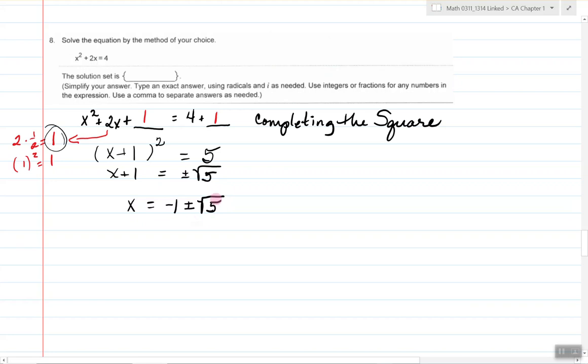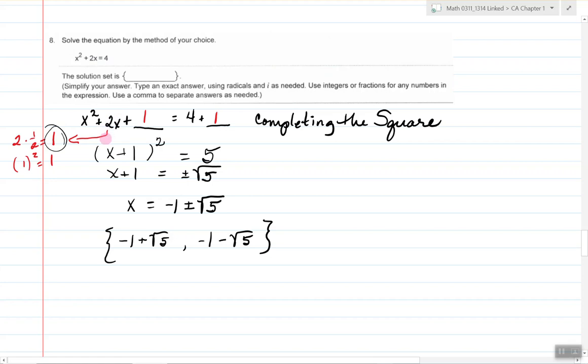I can leave it as a combined answer if I have access to this symbol. If you have to separate it, it's negative 1 plus the square root of 5, comma, negative 1 minus the square root of 5. Now, I didn't mind using the completing the square process. I did notice it was already in the format and that this term was even, so I wasn't going to invite any fractions into the problem.